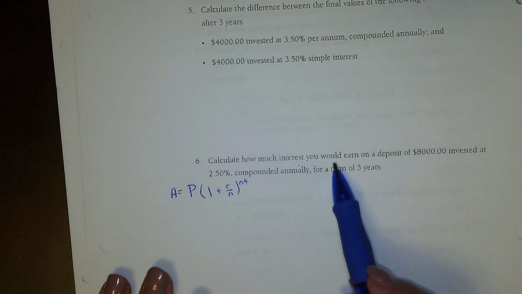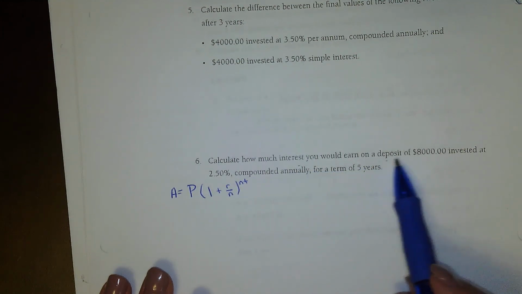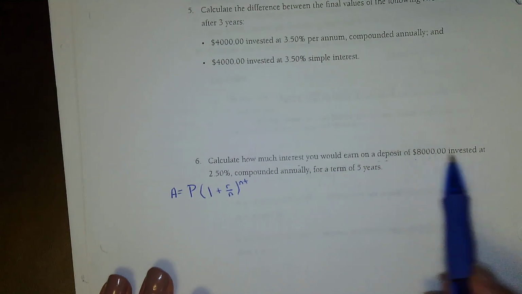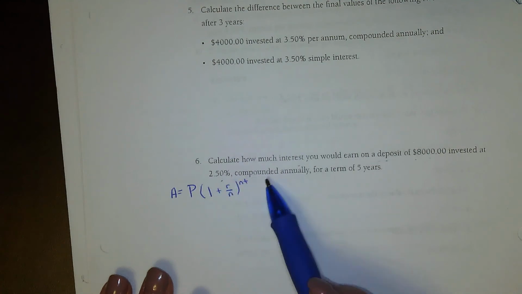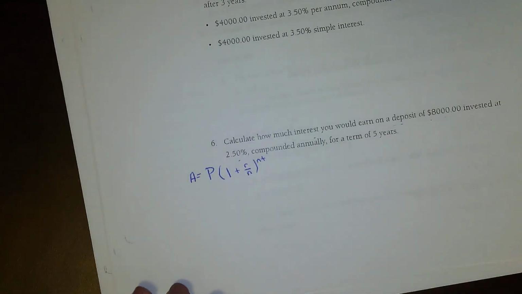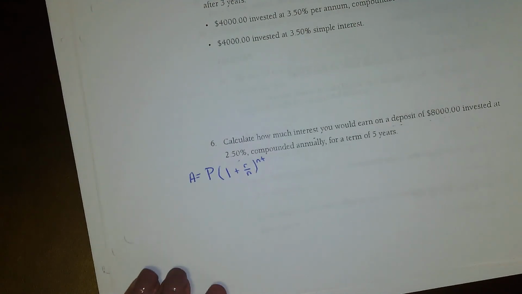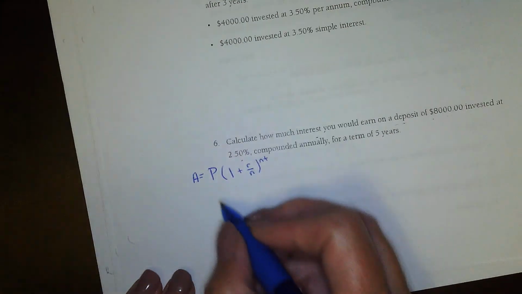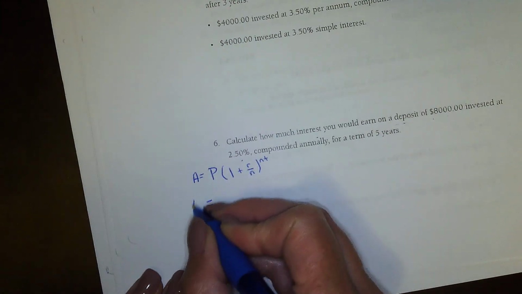Calculate how much interest you would earn on a deposit of $8,000 invested at 2.5% compounded annually for 5 years. So say you come out of high school and you happen to get an $8,000 inheritance and you go ahead and invest it. What is that going to be worth after 5 years? Okay, so let's put some of that into practice.